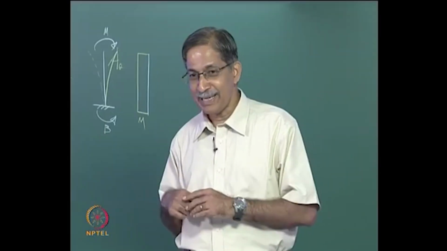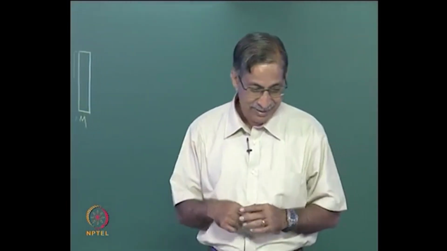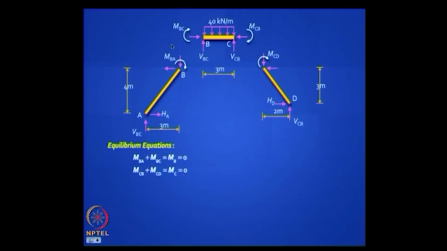Now do you see a complication? What's the complication? You have this guy here, this VBC is going to act down on this column, and because it's inclined, it's also going to introduce something that will affect the horizontal reaction. So can you write down the shear equilibrium equation? I can ask you such a question in the exam, no calculation.